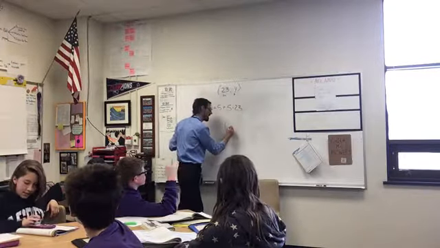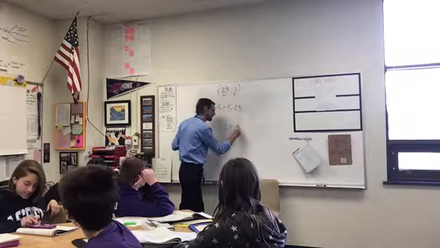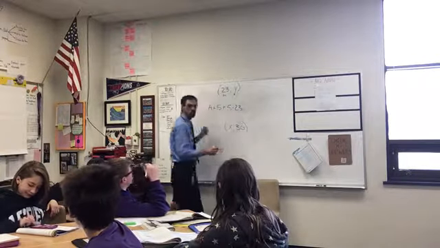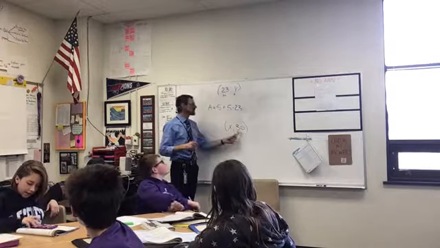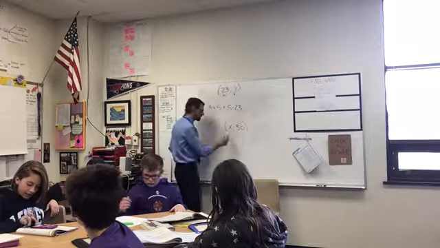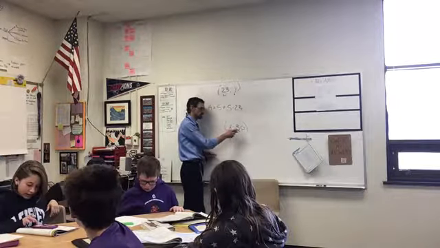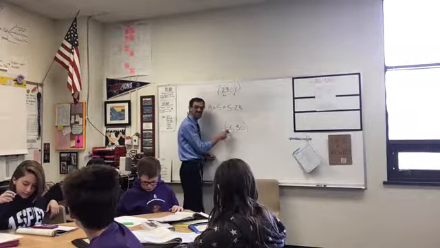The second part's different. It's saying, how far does she need to walk in order to make $30, right? Isn't that it? So this is different because now I'm not trying to find my dependent variable. I'm trying to find the independent.